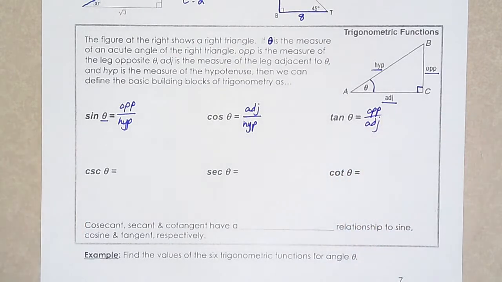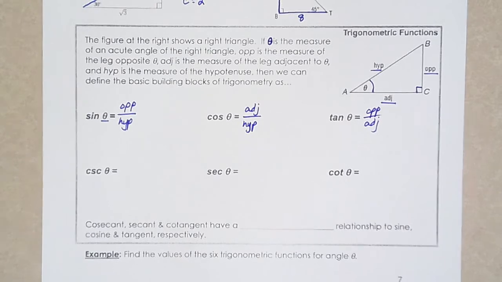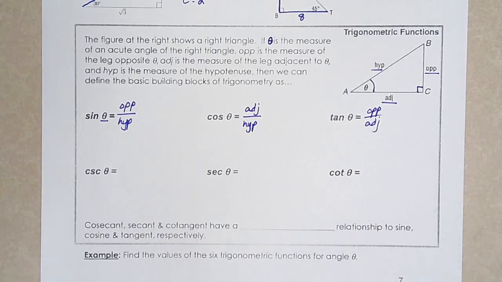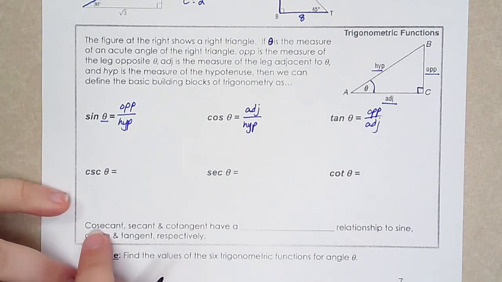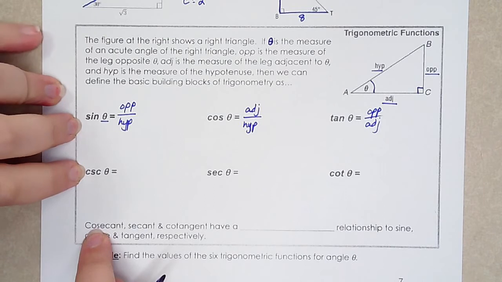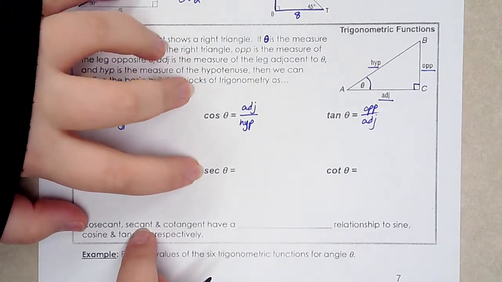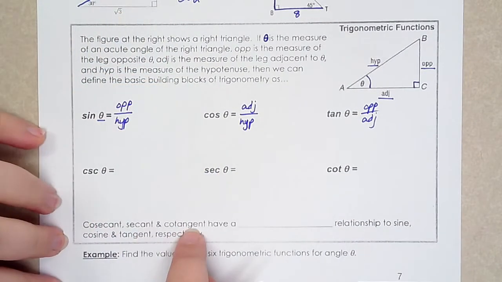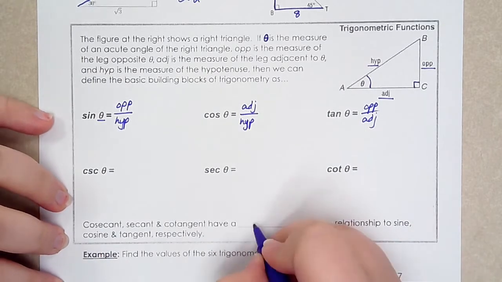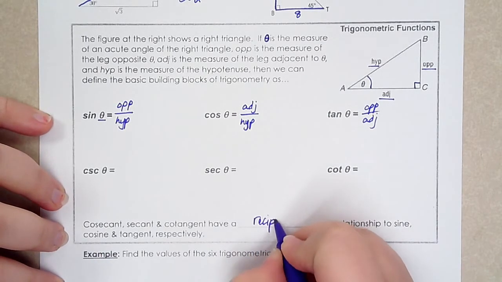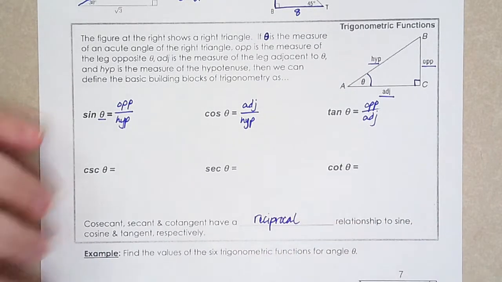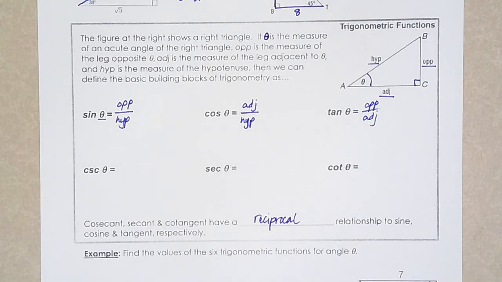So notice, using these trigonometric functions and these ratios, we have all relationships accounted for. Well, almost all relationships. Cosecant, spelled C-S-C theta, secant, S-E-C theta, and cotangent have a reciprocal relationship. Reciprocal meaning flipped fraction.